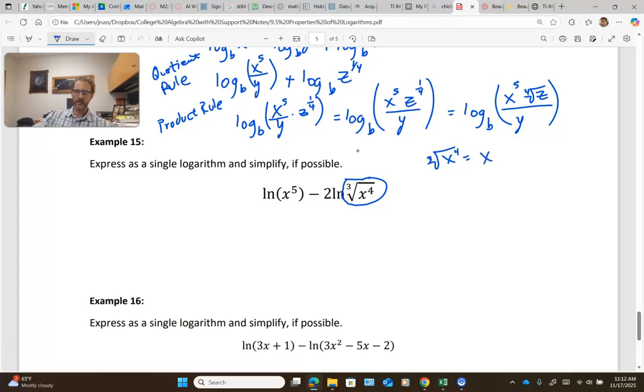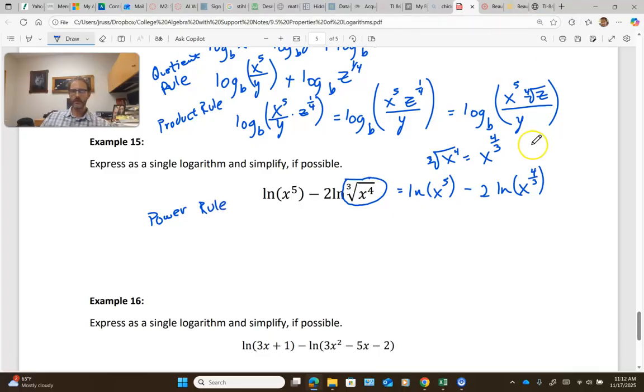Re-express it as x to the 4/3, using that property that we've been alluding to. So if I do that, I can rewrite this as the natural log of x to the 5th minus 2 times the natural log of x to the 4/3. So now I'll go about using the power rule.